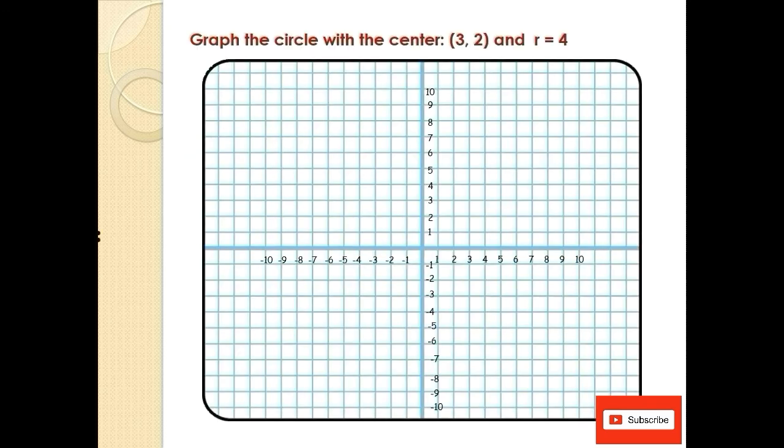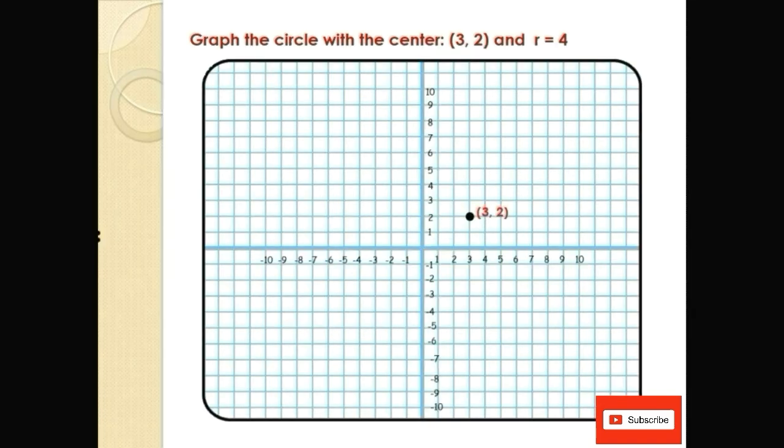Again, we locate first our center. The x coordinate is positive 3 and the y coordinate is positive 2. Locate where they meet. There you are.